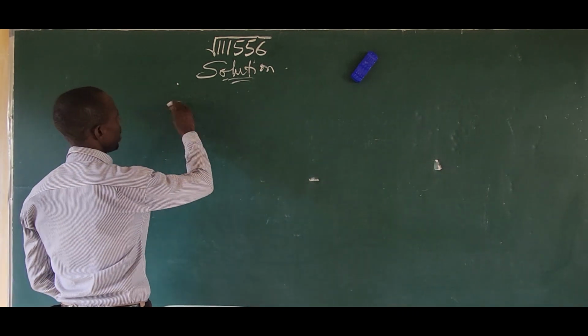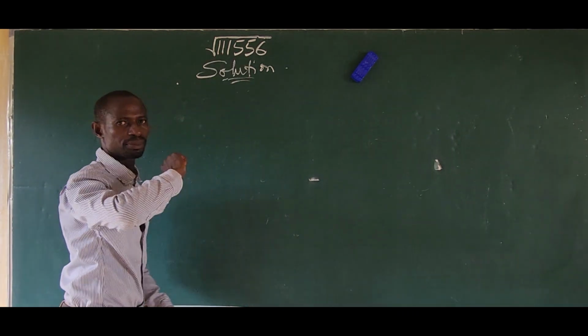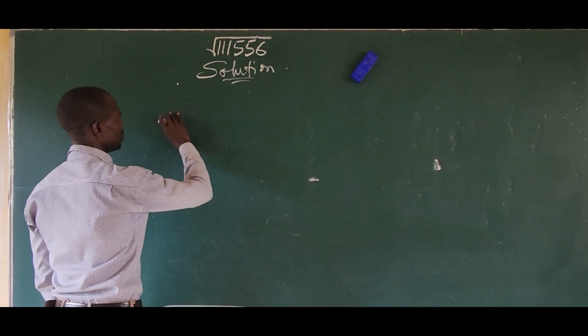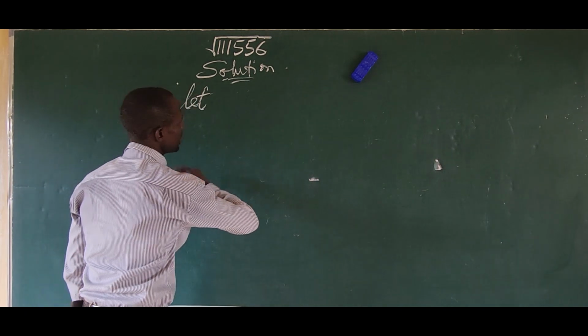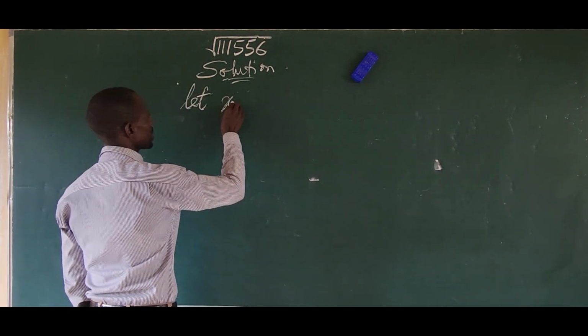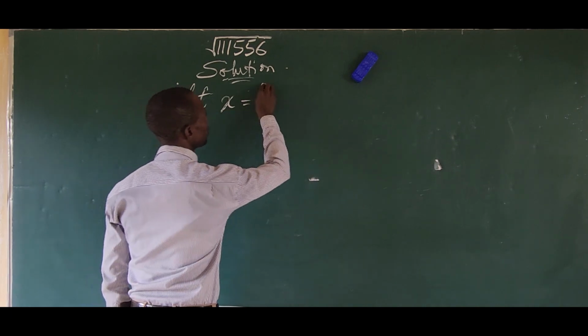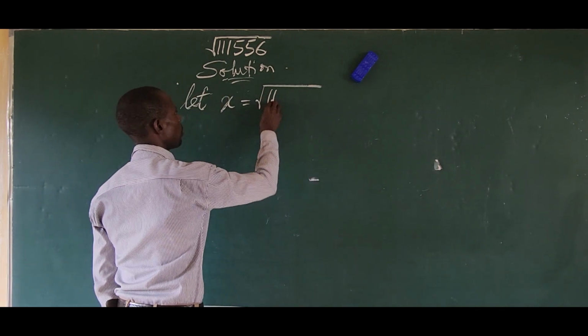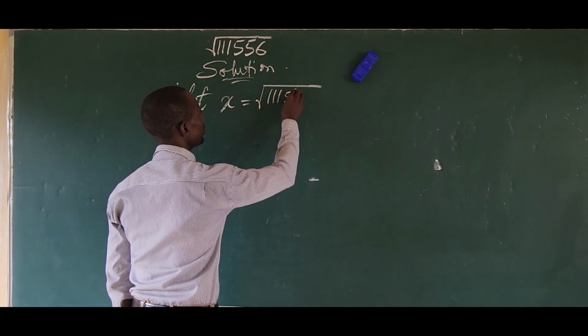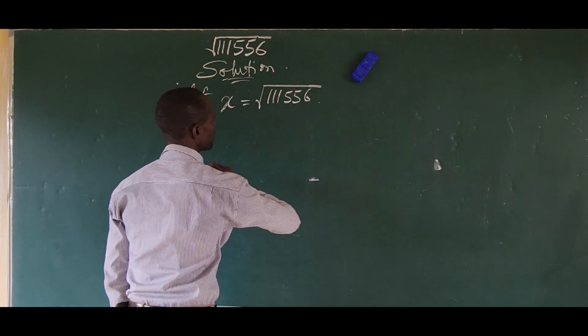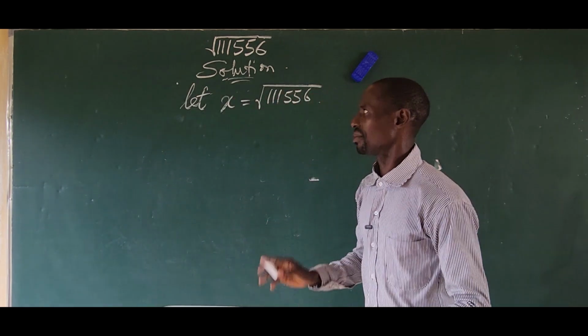So from here, I want to represent the whole of this expression with a variable. So let's take our x, with x equal to the square root of 111,556. So this is what I normally do, right?